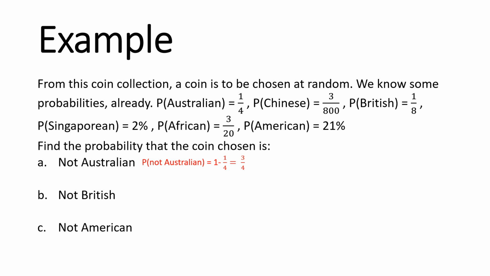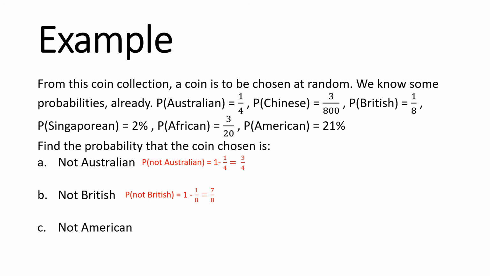If we have a look at not British, we can see that the probability of it being a British coin is 1/8. So this once again is a complementary event. So the probability of not British equals 1 minus 1/8, which equals 7/8.